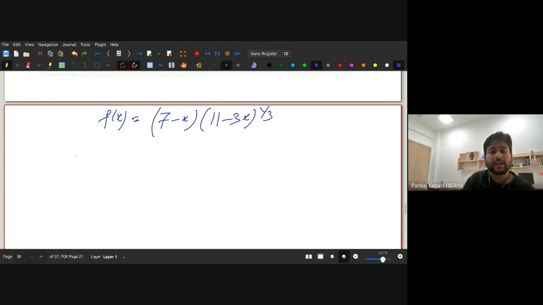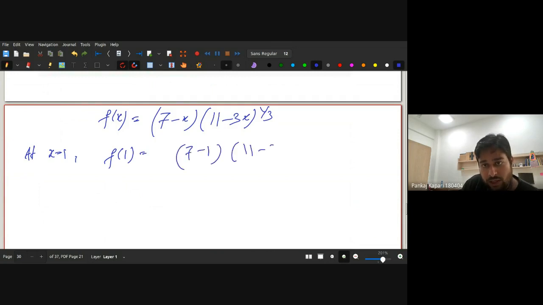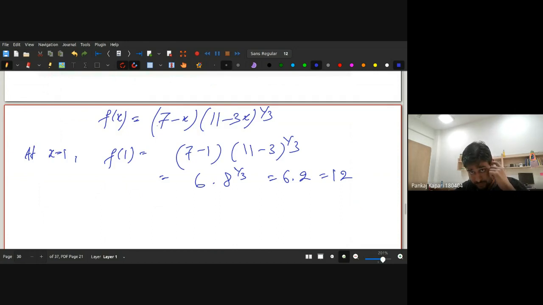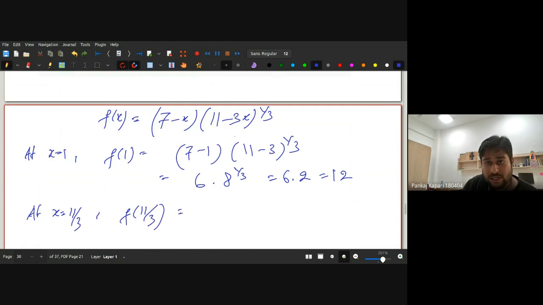So this is our function, and now we know that x equal to 1 is a point of absolute maxima and local maxima. So at x equal to 1, what is f of 1? Just put 1. So 7 minus 1, 11 minus 3 to the power 1/3. Just 6 times, what is 11 minus 3? 8, its power 1/3. Just 6 times 2. So this is 12. And you can see that if you put x equal to 11 by 3, so what is f of 11 by 3? You can see that this part will become 0.